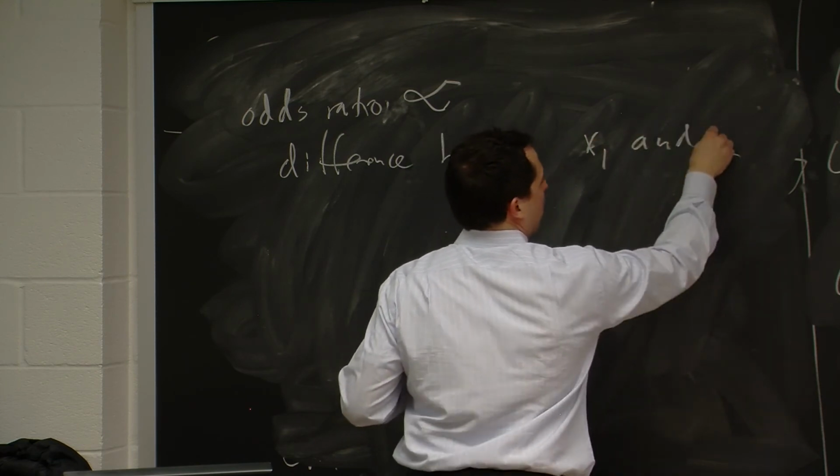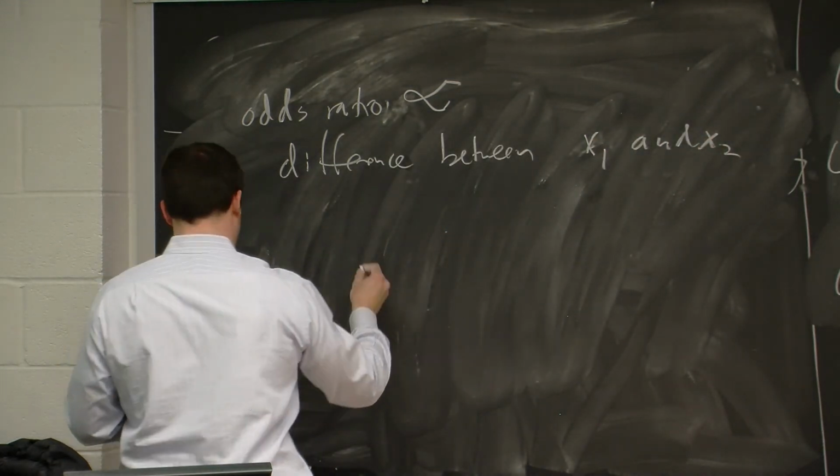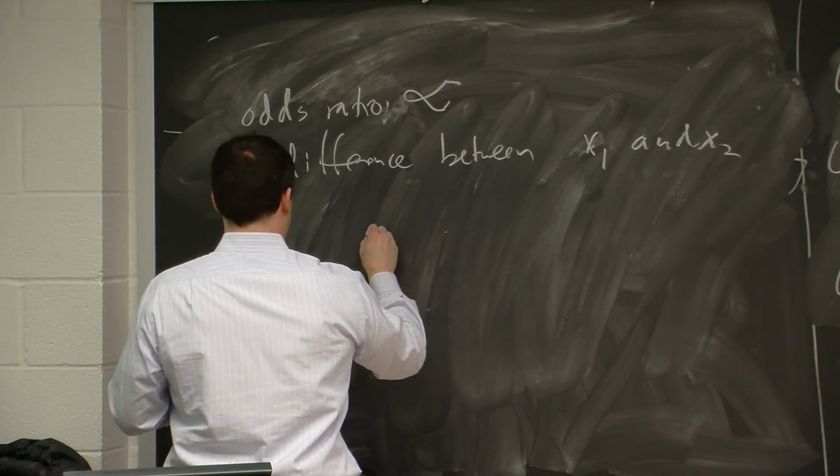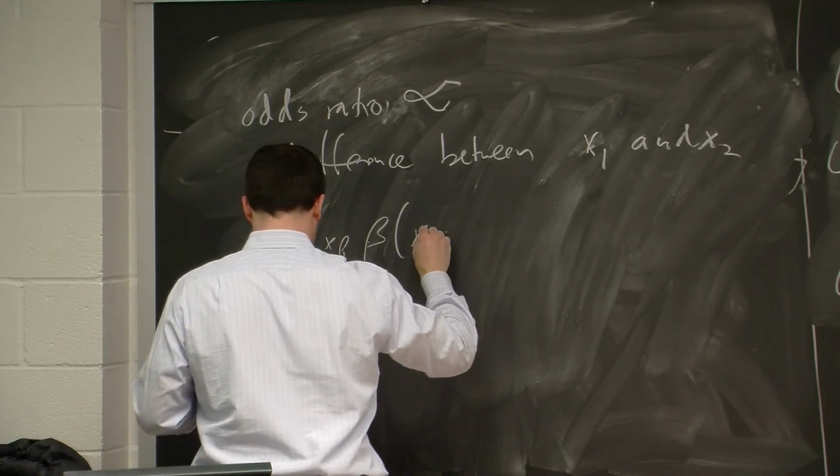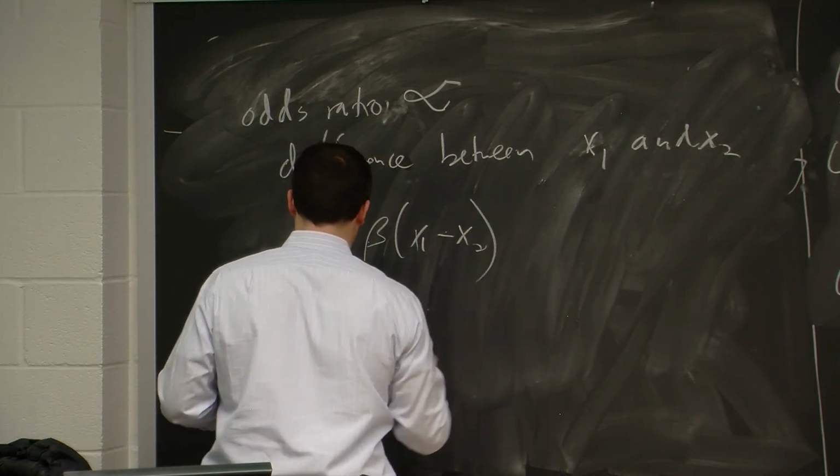This is with a continuous variable or with a non-continuous variable. So it's exp of beta times (x1 minus x2).